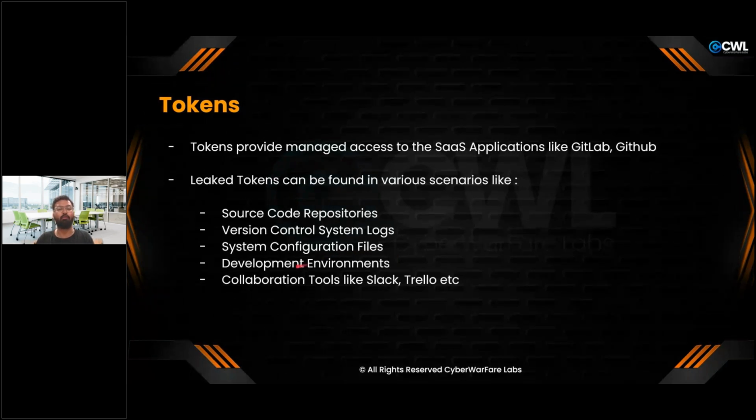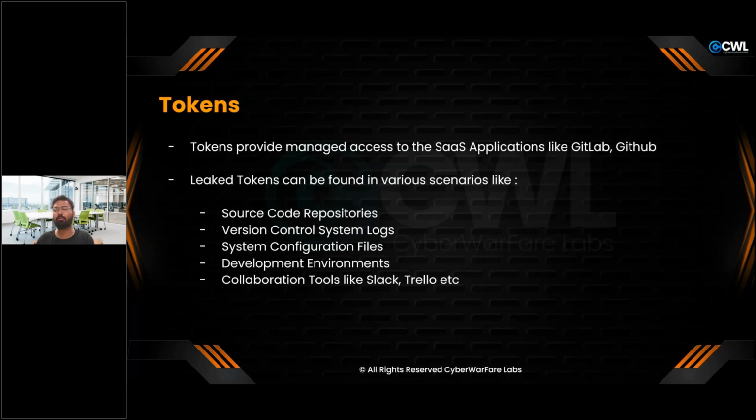Then there are development environments and various collaboration tools like Slack, Trello, etc. There are various case studies. If you look at previous attempts, or breaches that have come out in the market at very big organizations, you might find that their collaboration platforms like Slack were compromised via phishing.